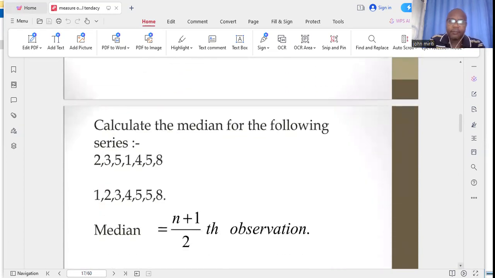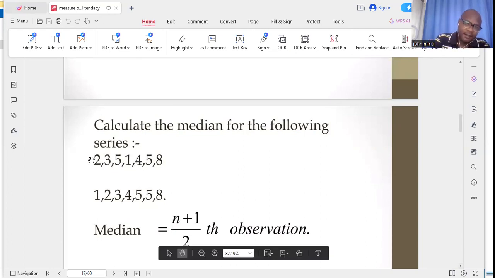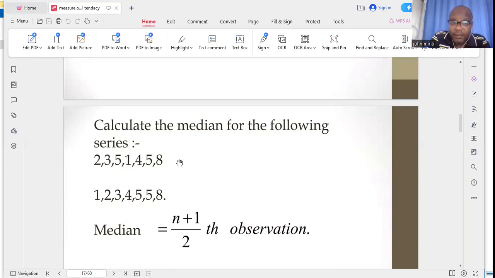Now, let us look at an example of what we have just discussed. Calculate the median for the following series: 2, 3, 5, 1, 4, 5, 8. The key thing here is that you should put these numbers in ascending order.